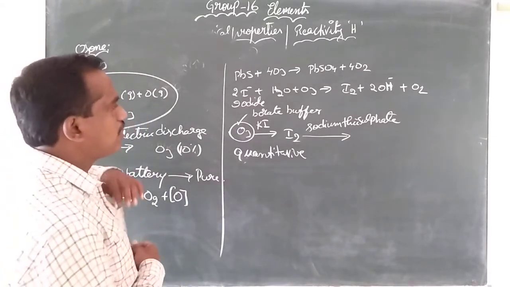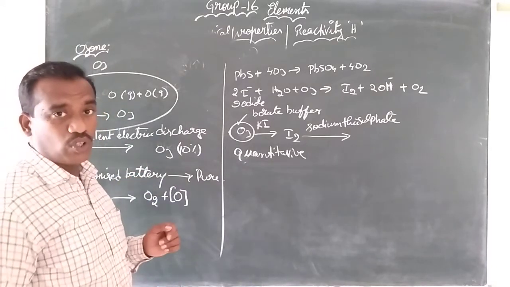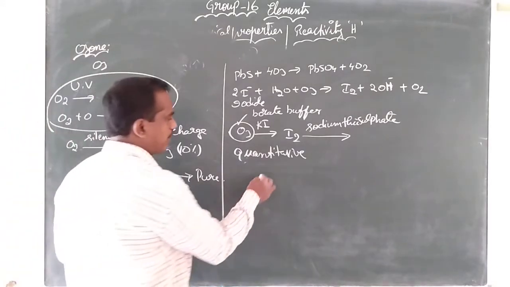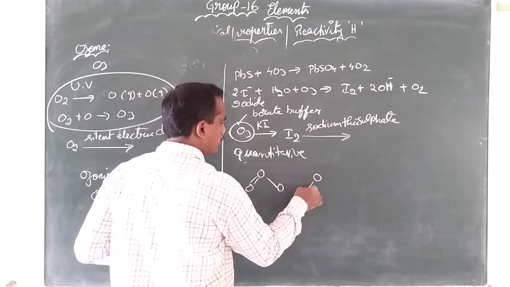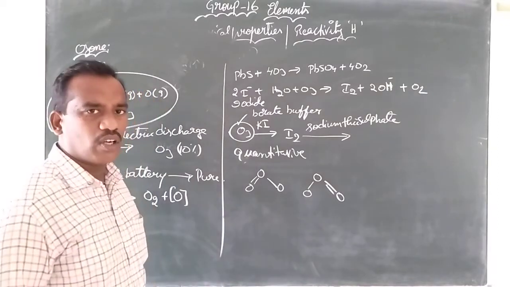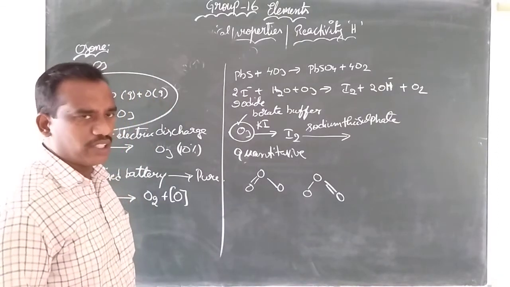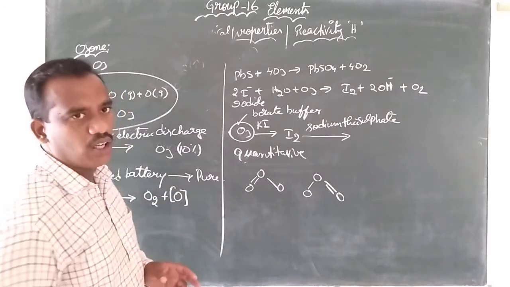So these are some of the reactions of the ozone. We had already seen the structure of the ozone also. How is the structure of the ozone? It occurs in two forms. This bond length you must find out: 1.27 angstroms or 128 picometers, they mentioned. So these are the points related to the ozone.